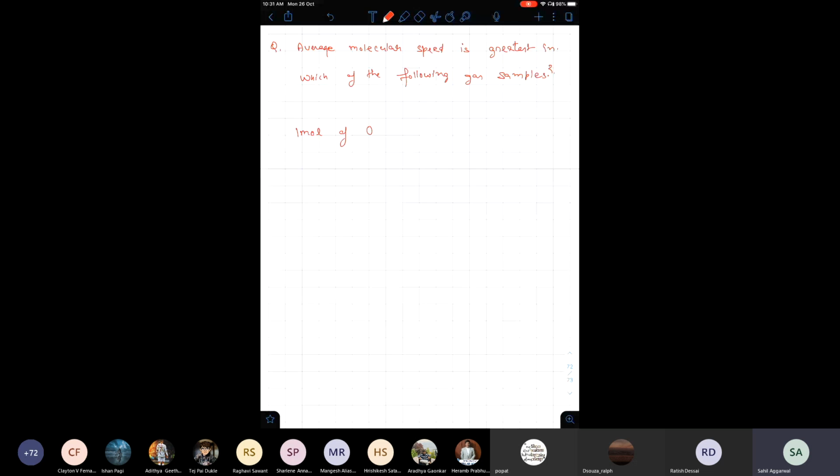One mole of O2 at 560 Kelvin, 0.5 moles of neon at 500 Kelvin, 0.2 mole of CO2 at 440 Kelvin, 2 mole of helium at 140 Kelvin.